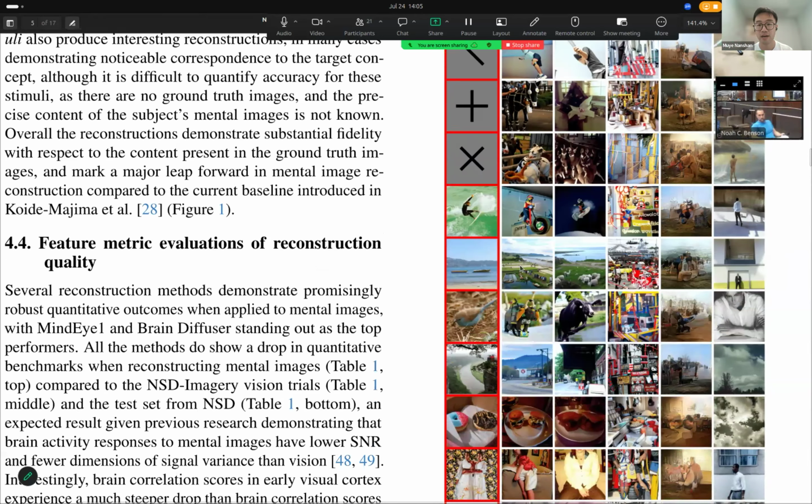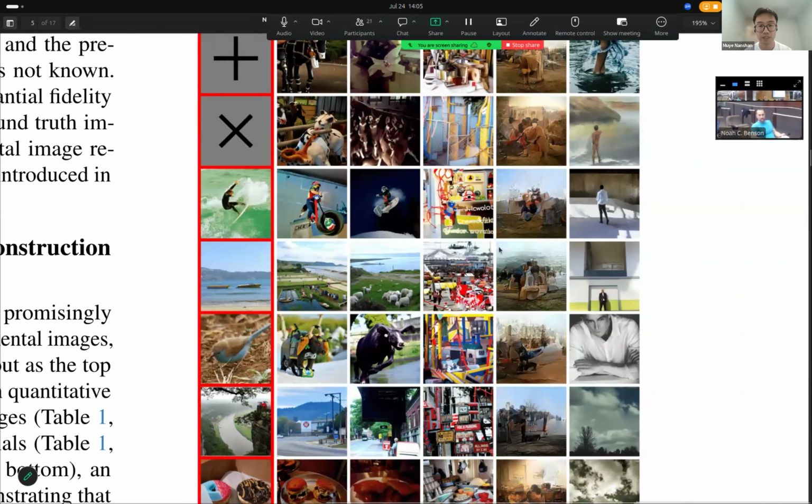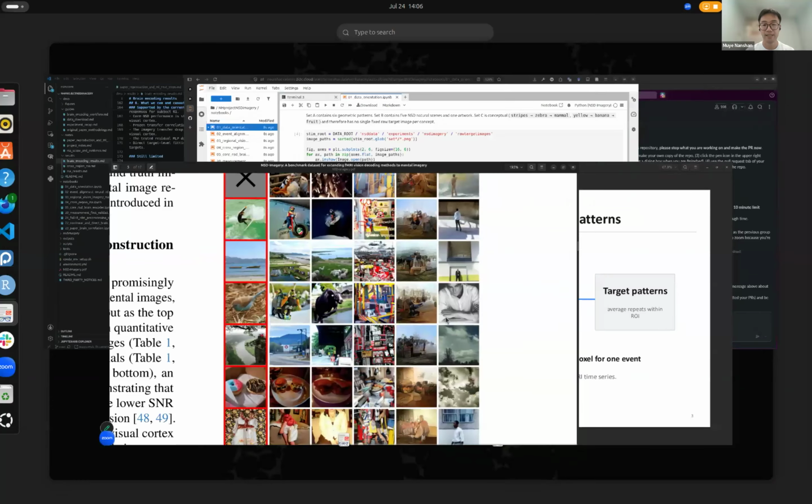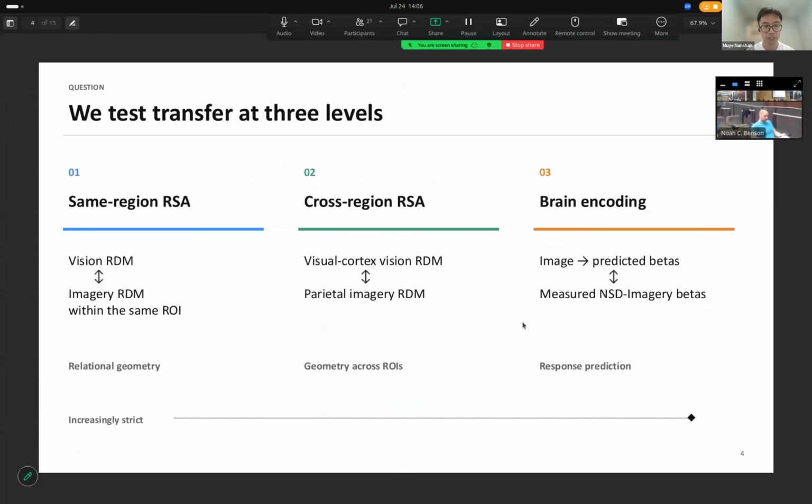Here, when people just imagine surfing, the recovered images are also about some person doing something. That's not closely related, but somehow they share a coarse common semantic information. So the original paper uses this computer vision model to decode your imagery brain signals, which is pretty cool. All right, let's get back to this work.